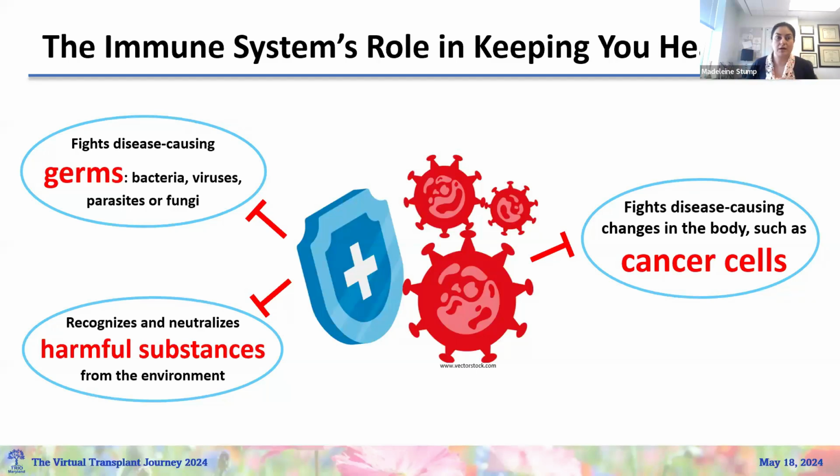This is something that you all know. But what is probably less known is that the immune system also recognizes and neutralizes harmful substances from the environment. And most importantly, those immune cells circulate throughout the blood and detect abnormal, malignant, or cancer cells.